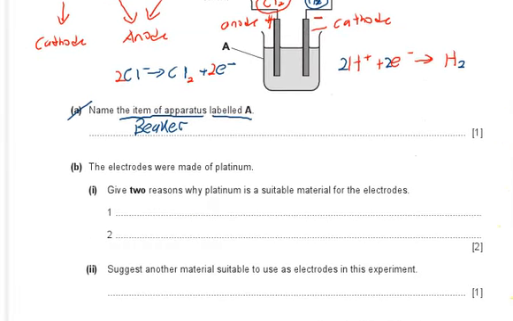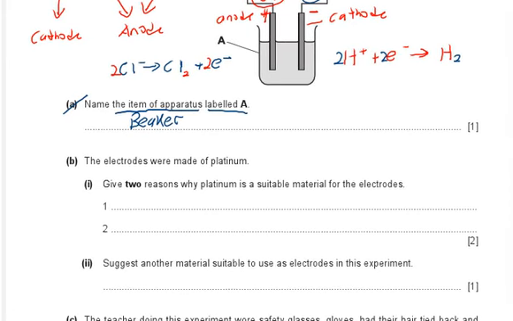So here they are asking, the electrodes were made of platinum. Normally they'll be using carbon or platinum as the electrode. Give 2 reasons why platinum is a suitable material for the electrodes. So you can say number 1, because it is inert.